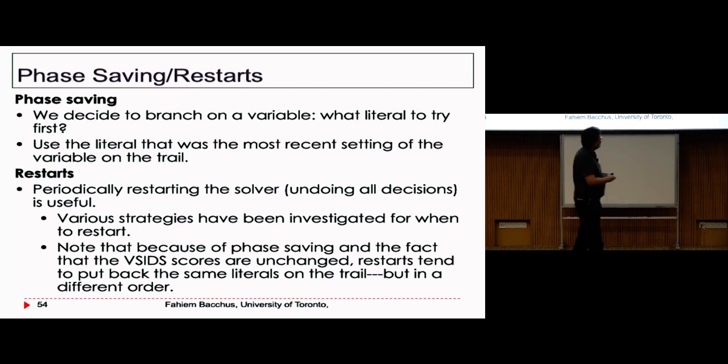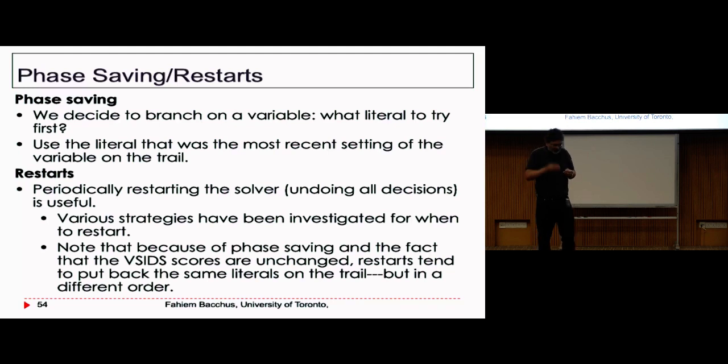So what happens in this case is that you're kind of going back to a similar part of the search space, because you're setting most of the decision variables to be the same thing. And then occasionally you will also restart the system and jump back to the root.